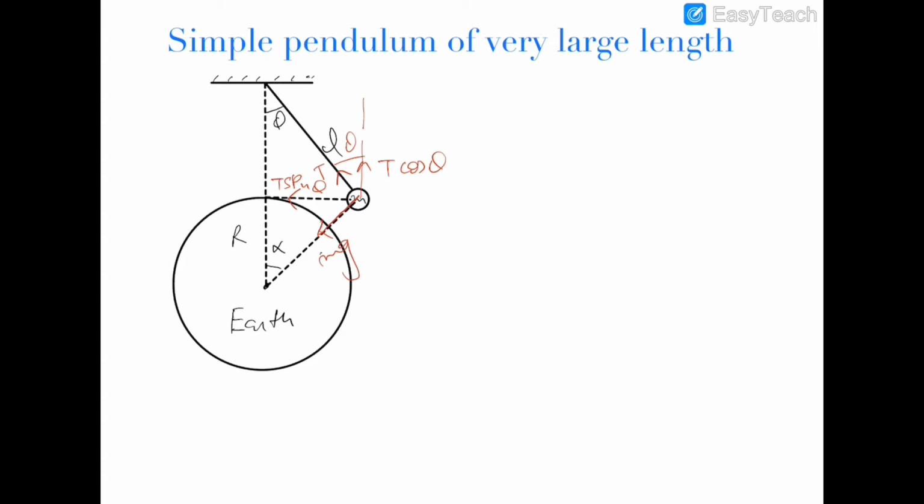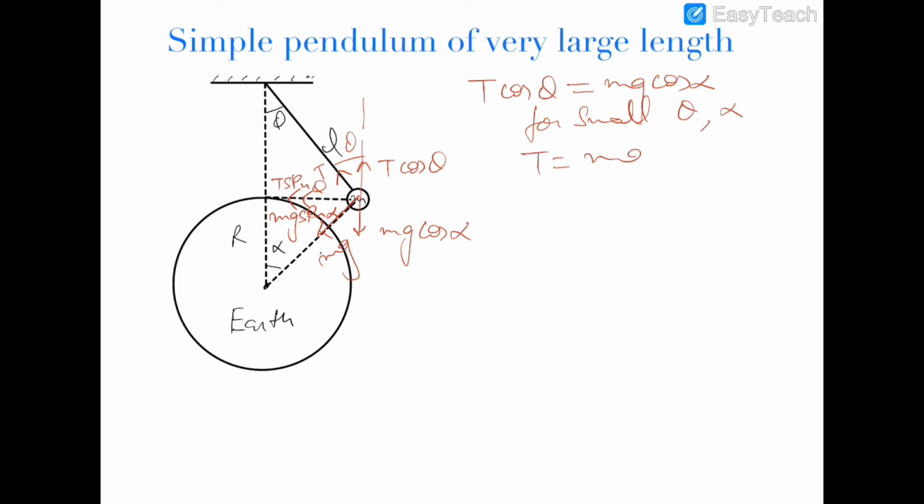So the component of mg in the downward direction is mg cos alpha and this component would be mg sin alpha. So you can see that the component T cos theta will balance out mg cos alpha, and for small alpha and theta, T will be equal to mg.